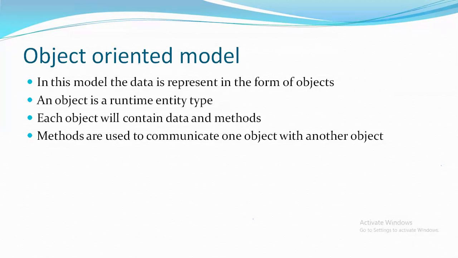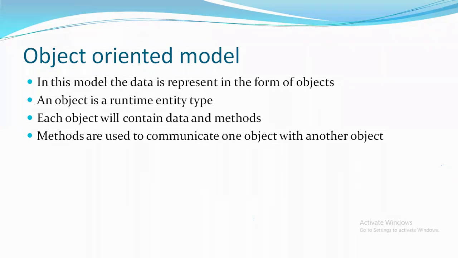It does not have a specific query language, and the retrieval algorithms are very difficult. It suffers in data manipulation because we cannot insert, delete, and update very easily. That is the problem in the hierarchical model.